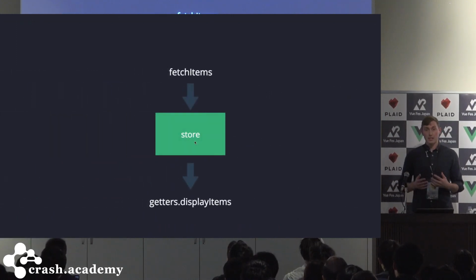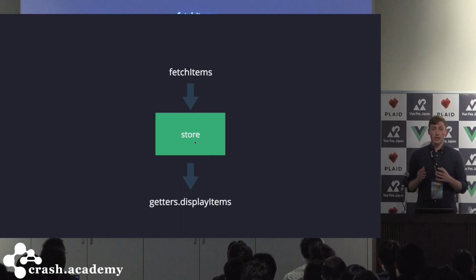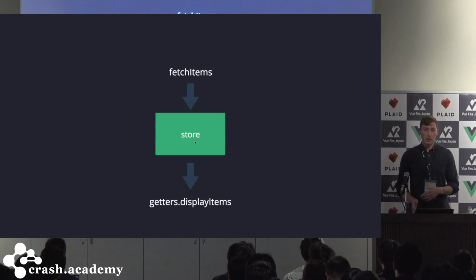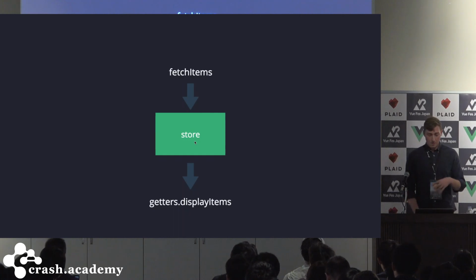So when you test a store instance, what you do is create a store instance using the actions, mutations, state and getters, and then interact with it in the same way that you will in your application. So for our flow that we're testing, you dispatch a fetch items action, and then assert that the display items getter has updated to the correct value.